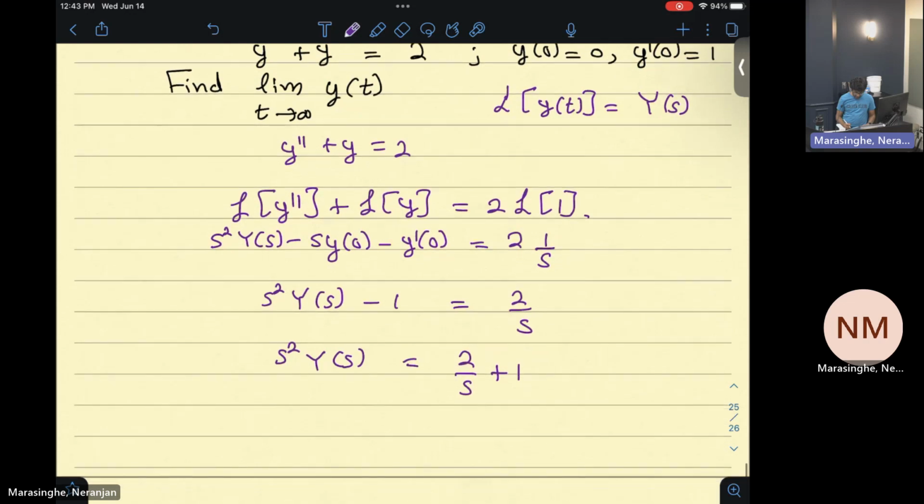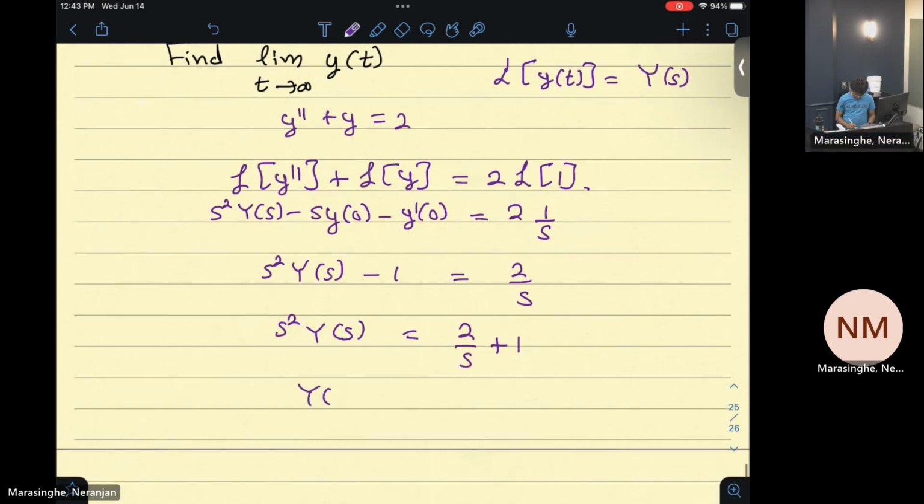Then I would divide both sides by s squared. So Y(s) is going to be equal to (2 plus s) divided by s to the power 3, that is 2 divided by s cubed plus 1 divided by s squared.